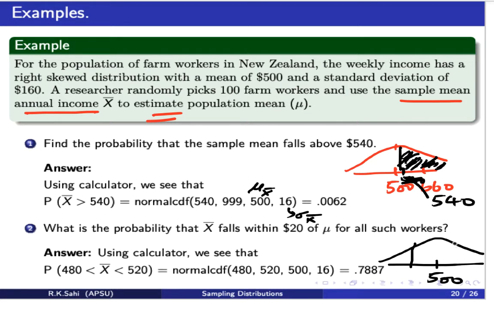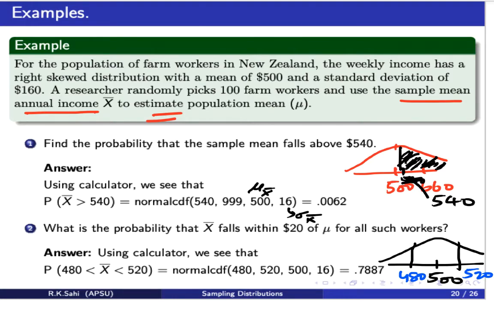You go 20 down to the left and 20 up. So what you're looking at is 480 and 520. So the probability that 480 is less than x bar less than 520 is normal CDF 480, 520, 500, 16, and when you plug it in you get 0.7887.